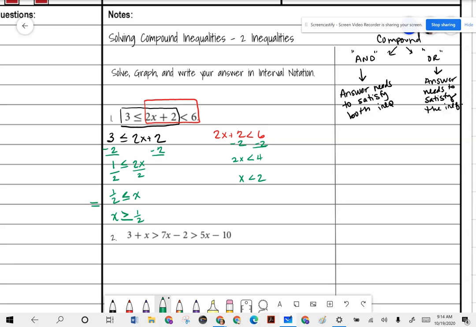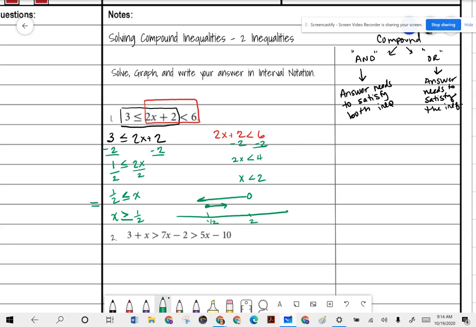So what this is saying is that on a number line, you have 1/2, and then you also have 2. Now x is bigger than 1/2 and equal to, so we're going this direction, and x is less than 2. Okay, so now we're going here and we're going in this direction.